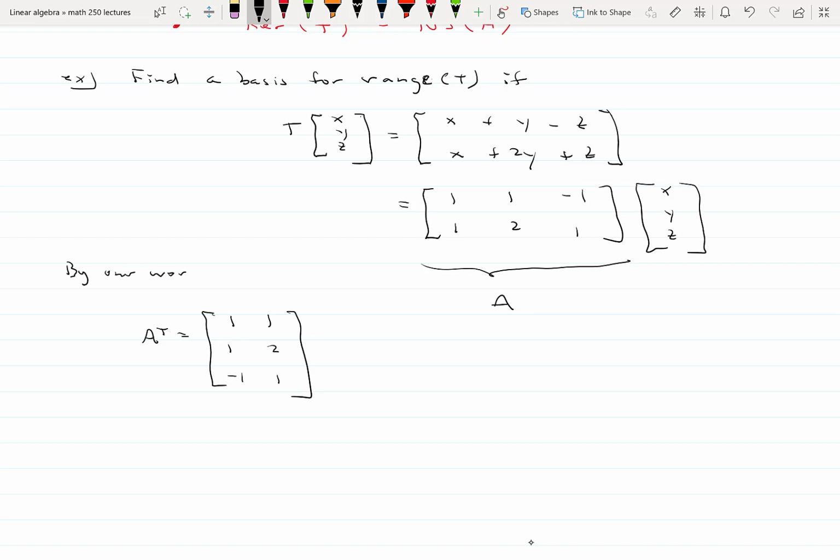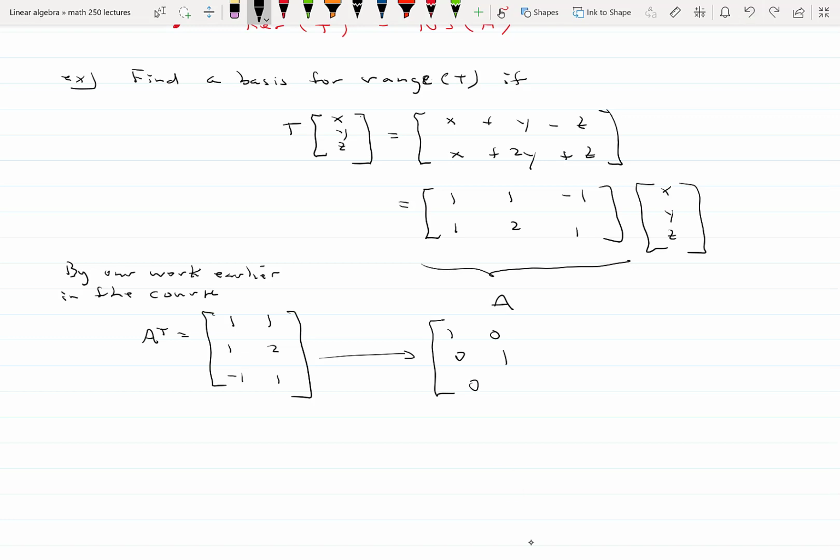By our work earlier in the course, we find the RREF of that. The RREF turns out to be 1, 0, 0, 1, 0, 0.